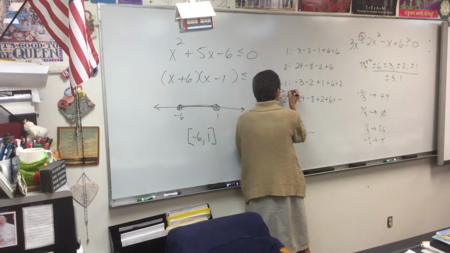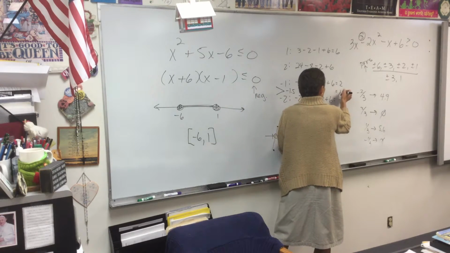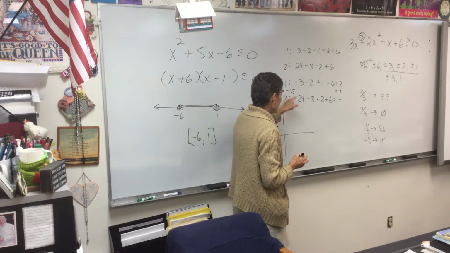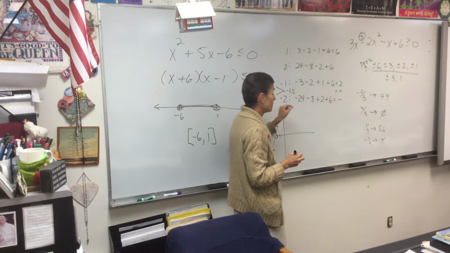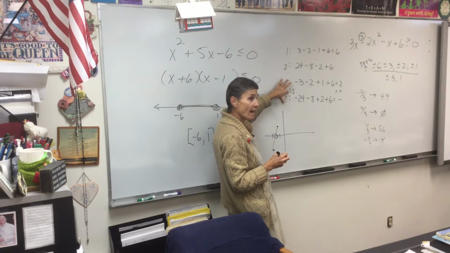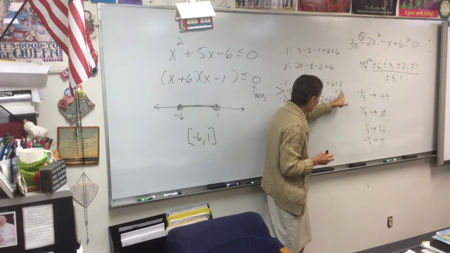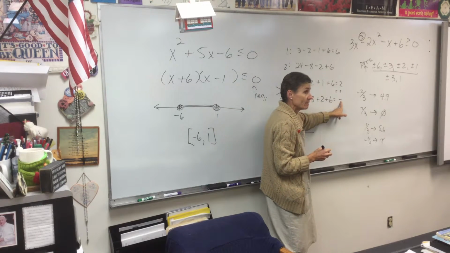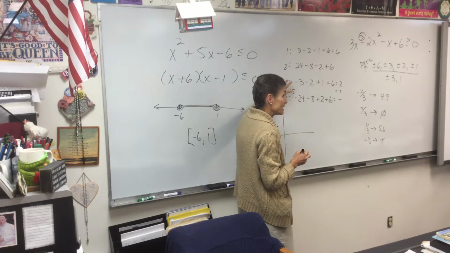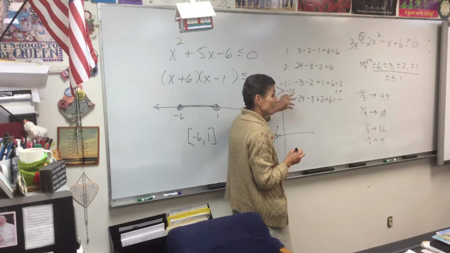Now, I don't know what -1.5 does for me, but let's say it came out positive. What would that tell me then? If -1.5 came out to be a positive number, where would I look? Between -1.5 and -2, because somewhere between a positive and a negative is 0. And we had to keep just squeezing in, squeezing in, squeezing in.